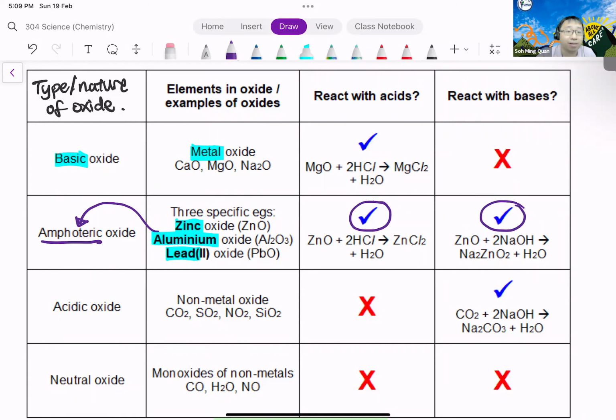Okay? So you must learn these three specific examples: zinc, aluminium, lead. But other than that, all other metals, so long as it's a metal, will be basic. So iron oxide, basic. Copper oxide, basic. Silver oxide, basic. Okay? Can?